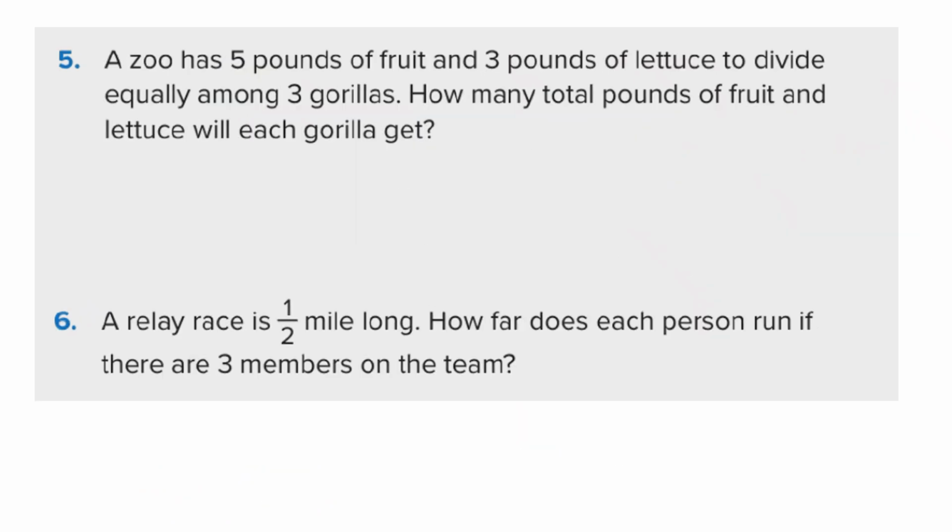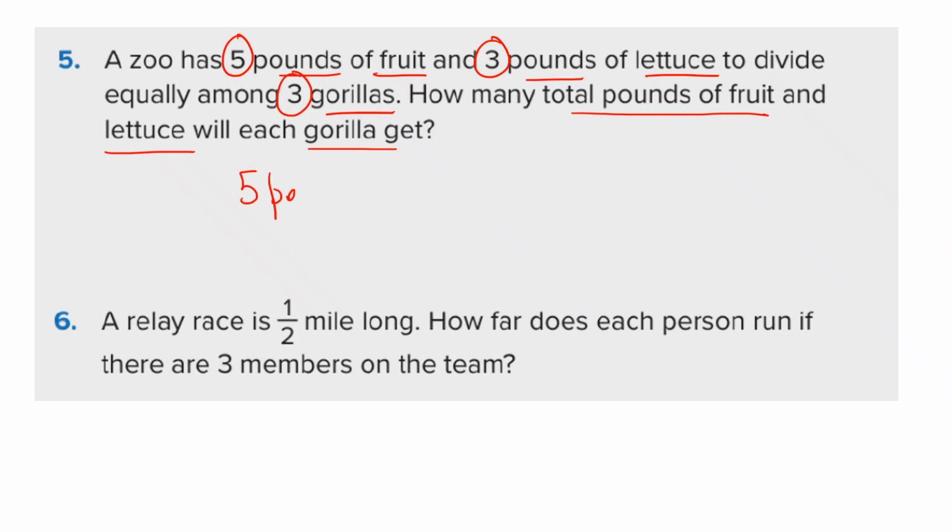Okay, so for question 5, let's read it first and mark important information. A zoo has 5 pounds of fruit and 3 pounds of lettuce to divide among 3 gorillas. How many total pounds of fruit and lettuce will each gorilla eat? Okay, let's make the equation.